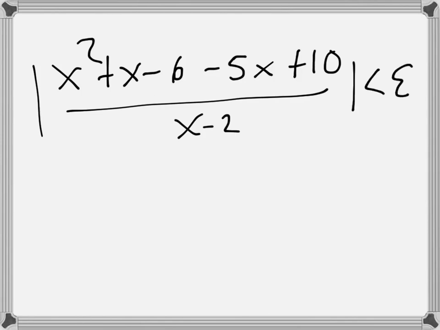Notice there is an x minus 2 in the denominator, but we need x minus 2 in the numerator, so I don't use that. I don't worry about that x minus 2 in the denominator yet. Now when I simplify the numerator, this is x squared minus 4x plus 4.